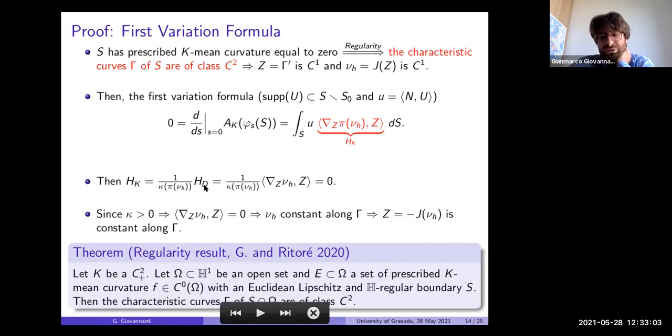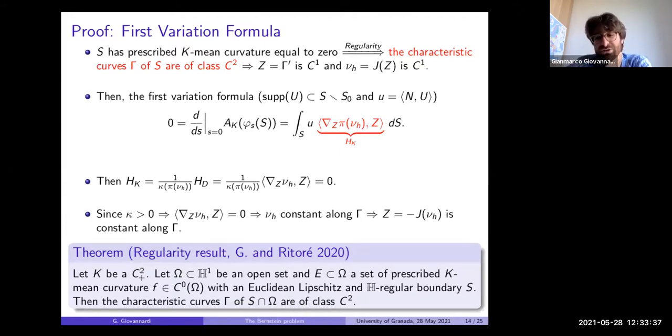When we have the unit disk D, the map pi is equal to the identity, so you have the covariant derivative with respect to Z of the vector field mu H against the vector field Z. If the geodesic mean curvature is zero, that means that this quantity has to be equal to 0 along the characteristic curve. That means that mu H is constant along the characteristic curve gamma.